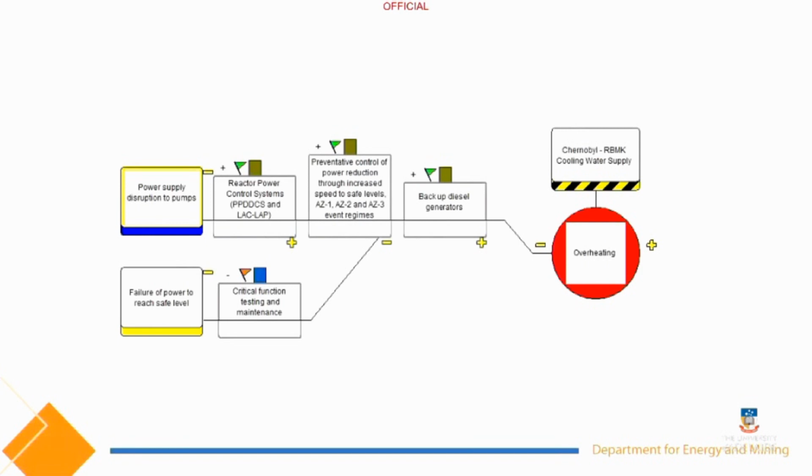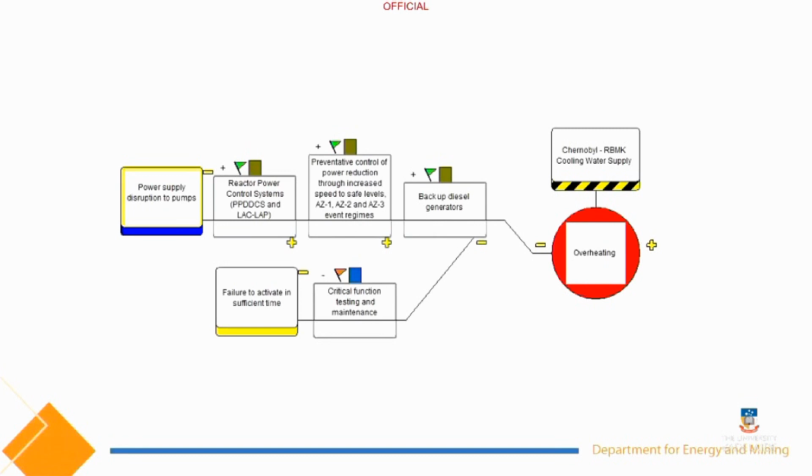So going back to the power supply disruption to the pumps, failure of power to reach a safe level in terms of this particular control. Again, these were isolated, and the only way in a normal operating reactor to ensure these are working is critical function testing and maintaining this particular control.